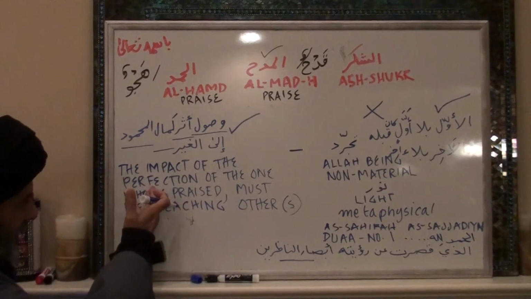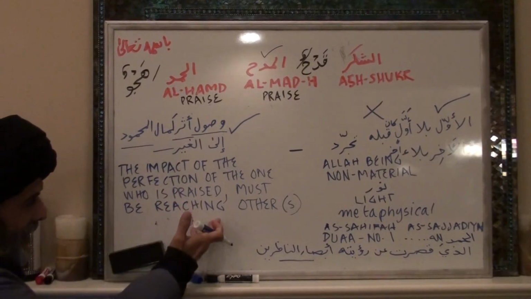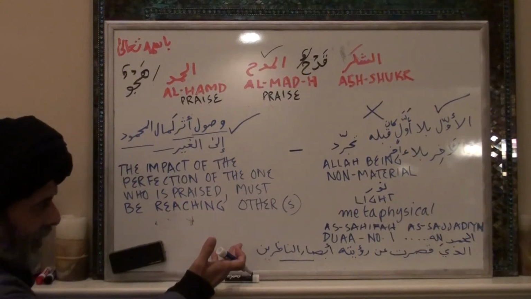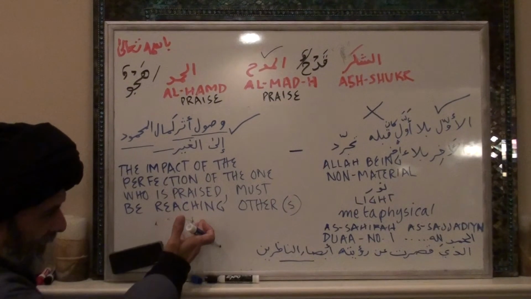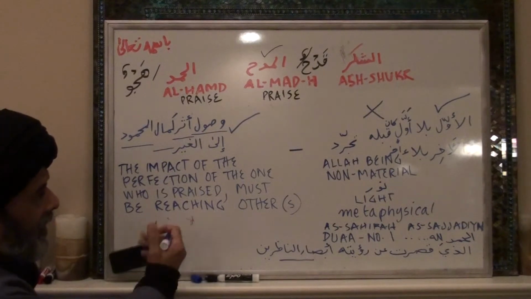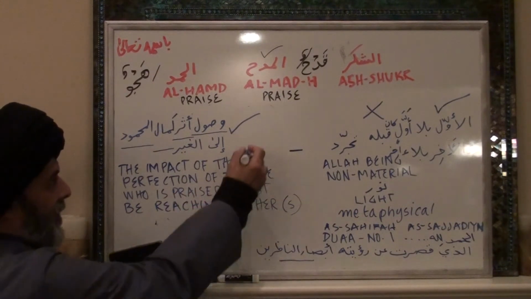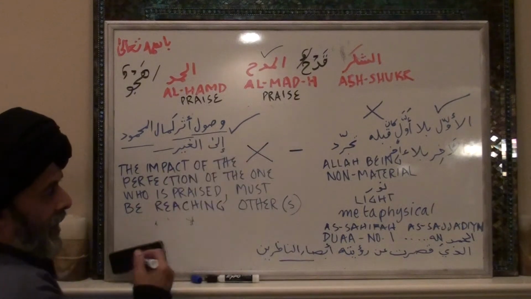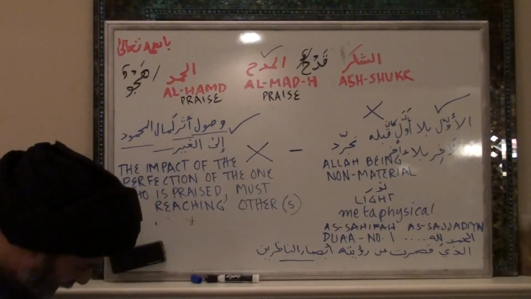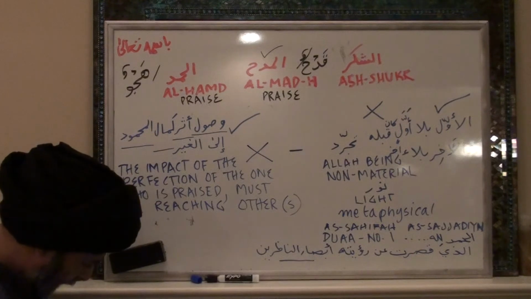Some scholars had said it must be reaching others, whereas our scholars of the Shia faith disagree with this distinction and say it is incorrect to accept that. So we don't accept it because we have so many examples where the impact of Allah's attributes of perfection simply does not reach anybody, any existence.